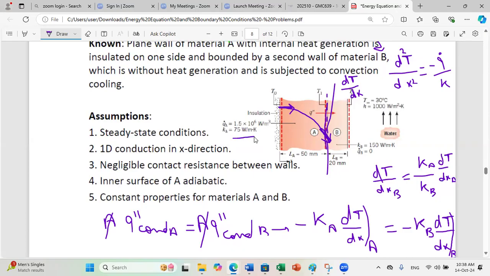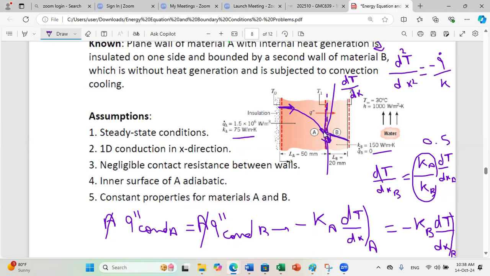Ka is 75, Kb is 150, so this is 0.5. This means that the slope in material B is smaller than the slope in material A. So here suddenly the slope will vary, okay? It will be divided by 2 and then it will continue in a linear way.